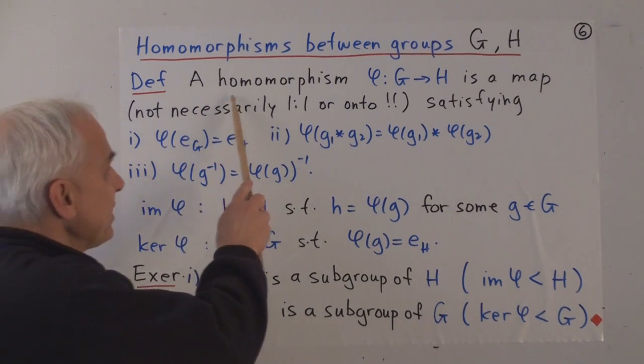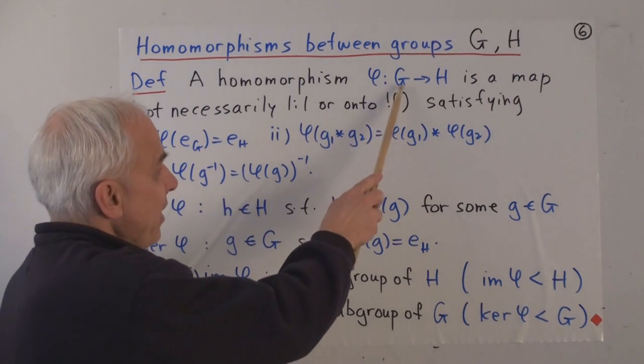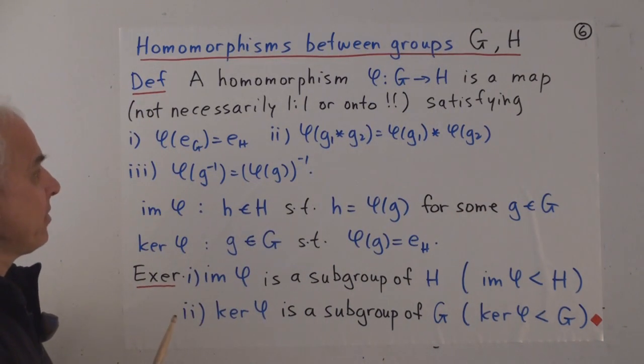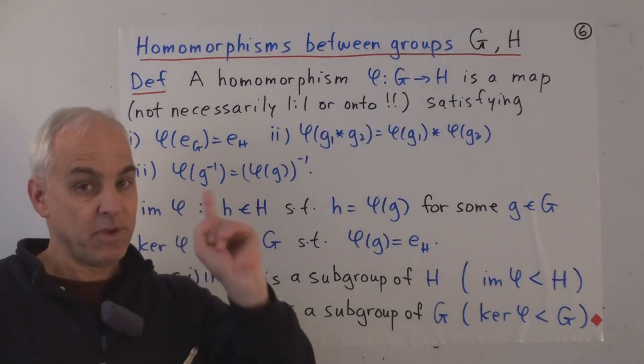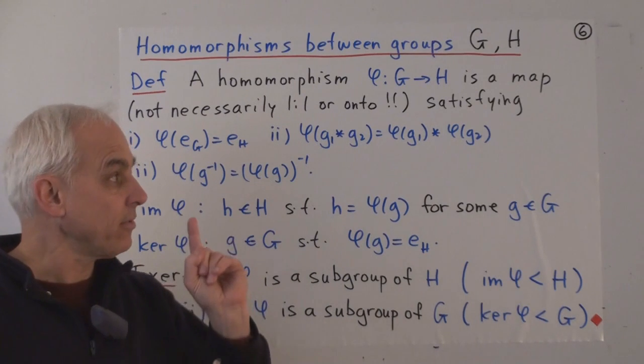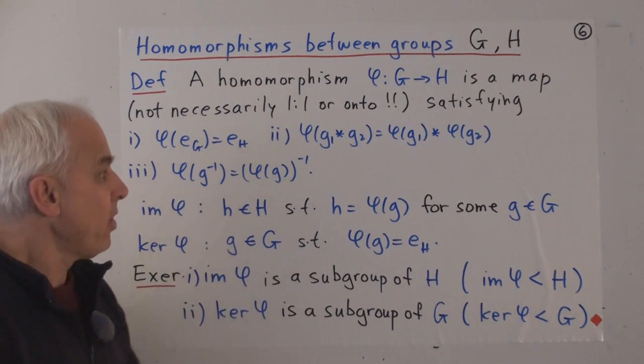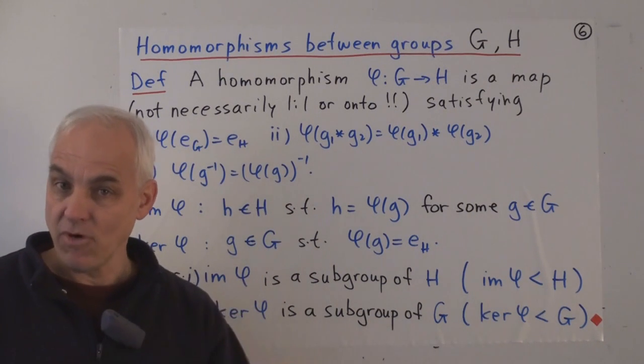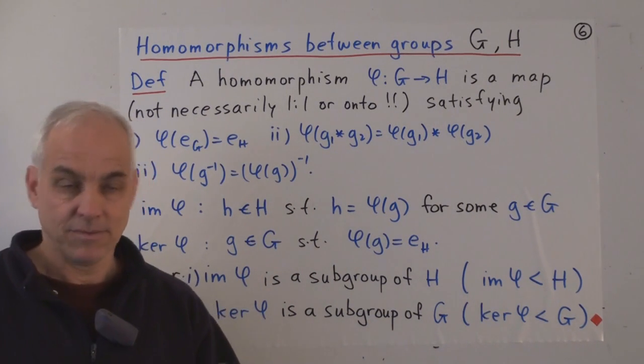So the definition is that a homomorphism, phi, from a group G to a group H, is a map which does not necessarily have to be one-to-one, or doesn't have to be onto, just any old map, which still satisfies the 3 conditions that an isomorphism satisfied.